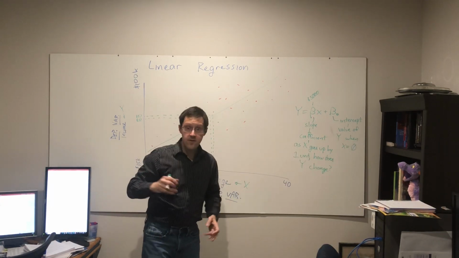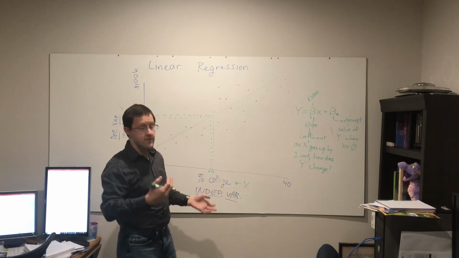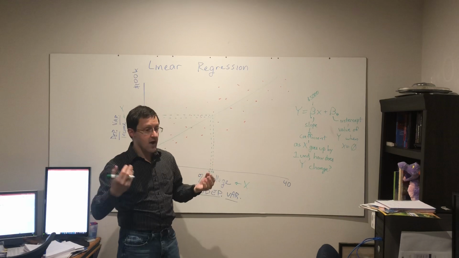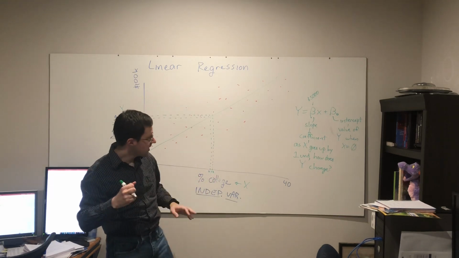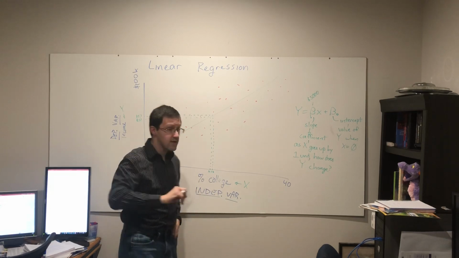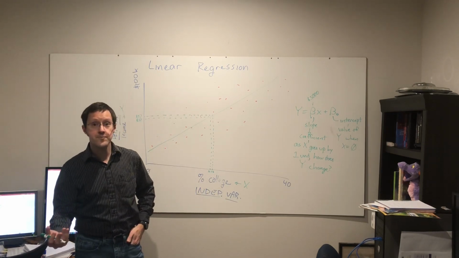So that is the intercept. In your geometry class, you may have called it the y-intercept. It's the value of y when x, or in this case, college education rate, is 0.